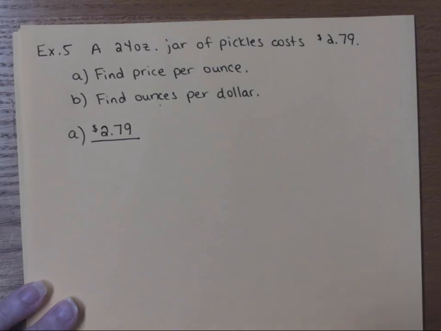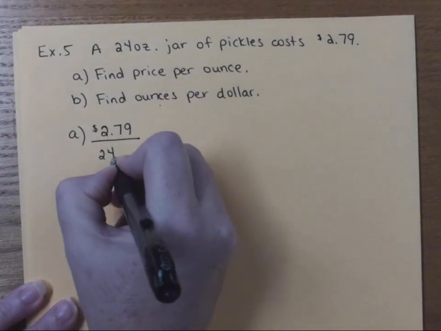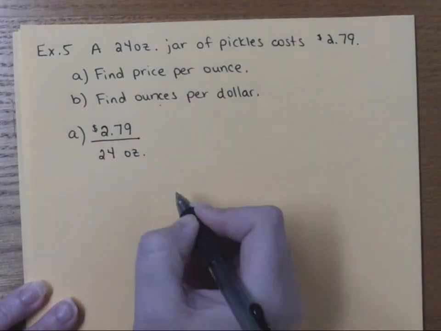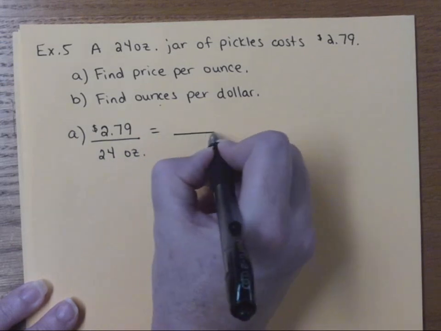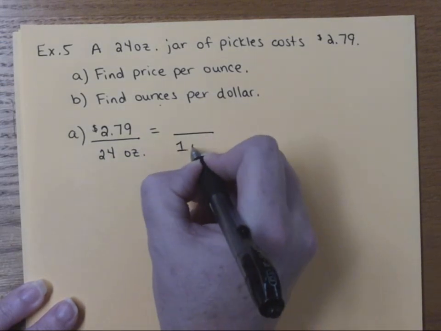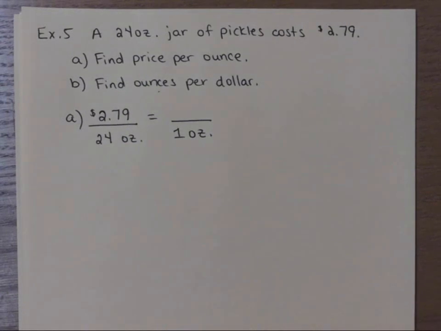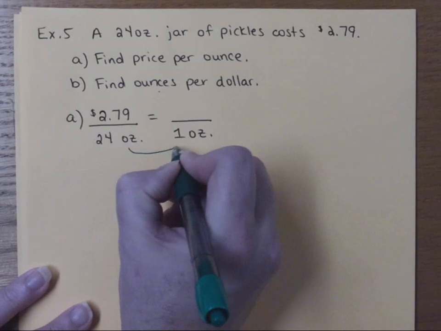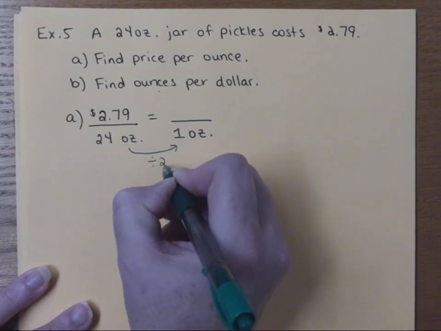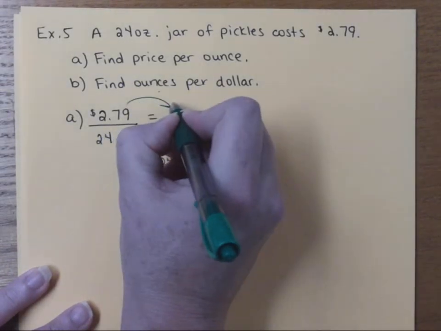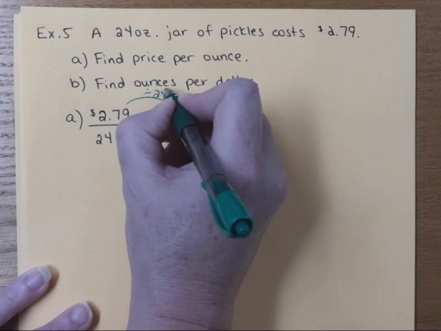And how many ounces do I get? I get 24 ounces. So if I want the price per ounce, then what I'm asking for is how much does 1 ounce cost? So remember I said with proportions we can either multiply or divide. Notice we're dividing by 24. So that's what we'll do here too.